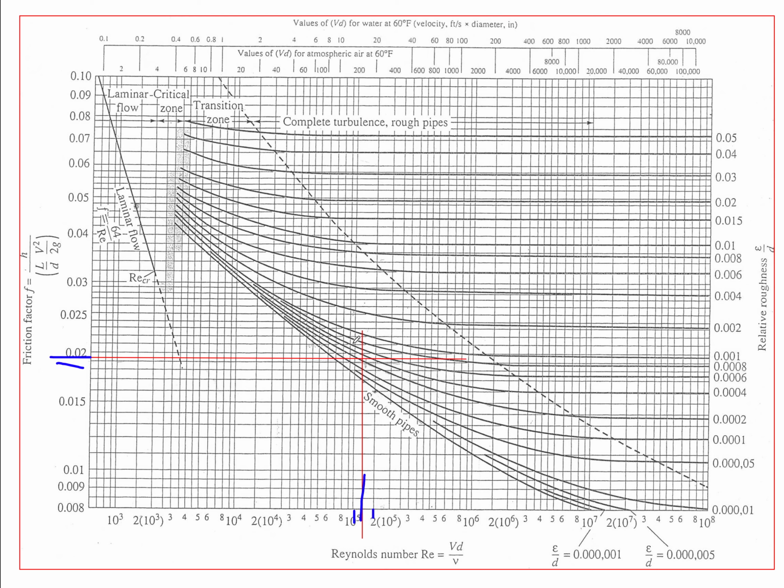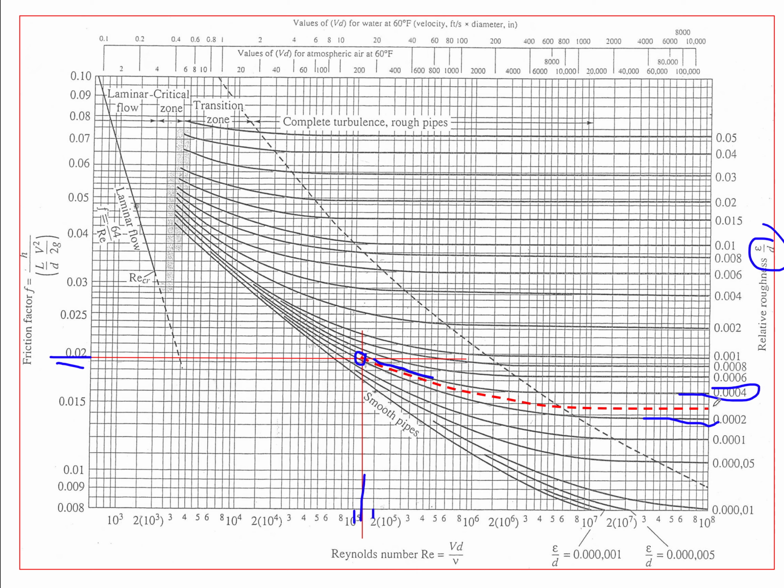At the intersection, we see that we're between those two curves. Those two curves are the 0.004 epsilon over D. You take this curve and follow it, you'll get the 0.004, and you'll follow the bottom curve, 0.002. So we're somewhere in between, so we can interpolate.